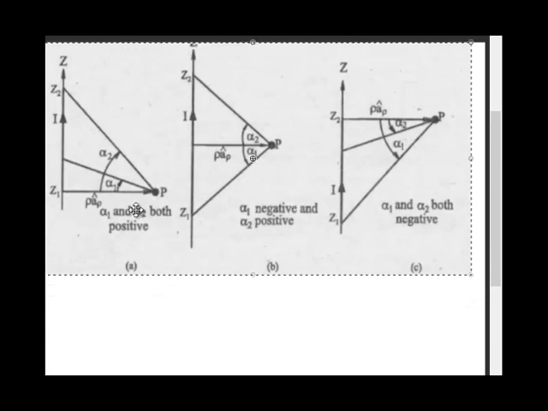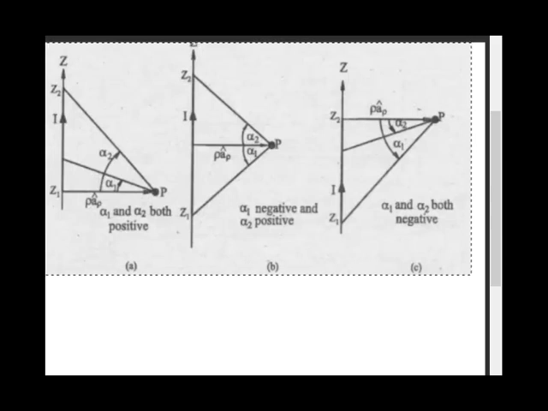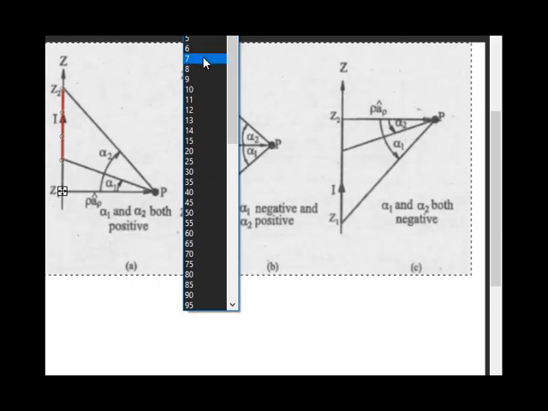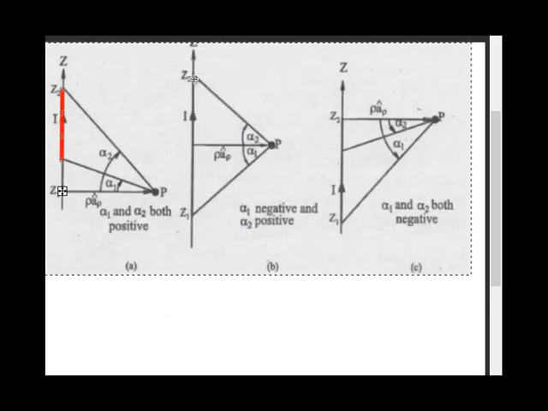In the first case, the point P is below the current filament. Let me mark the current filament. This is the current filament.